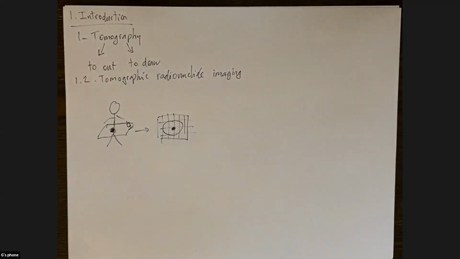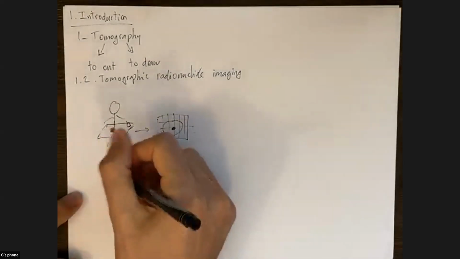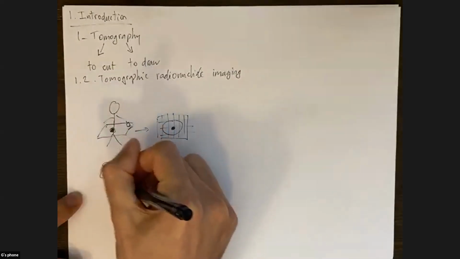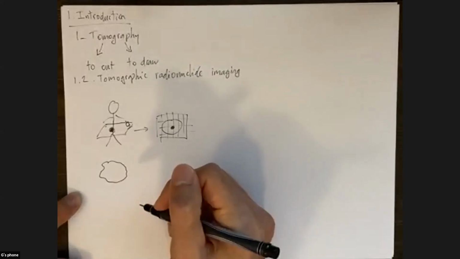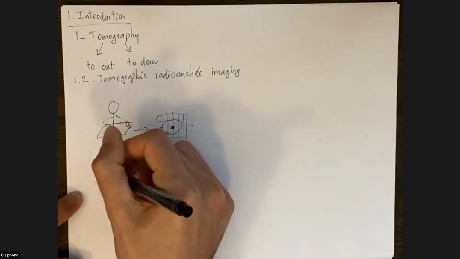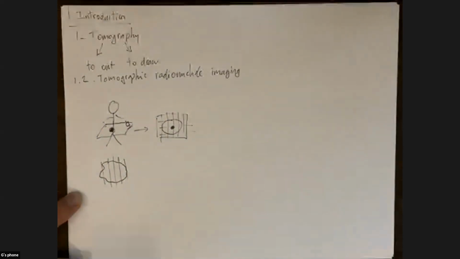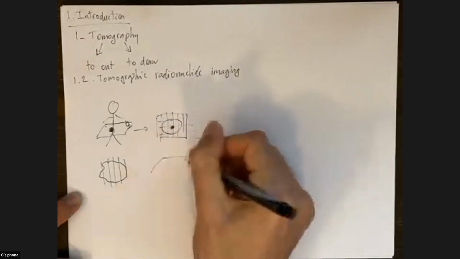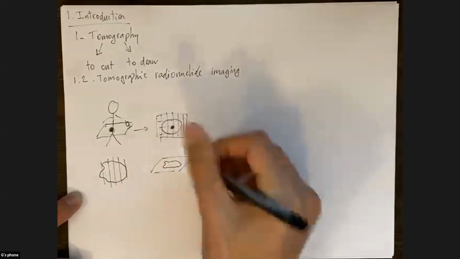So before tomographic imaging existed, there was a simpler method. The idea was to take a biological specimen. Let's say this was a tumor that was taken out of a patient or an animal, and the tumor has been labeled with a radiotracer. The idea was to cut the tumor with a very thin razor blade, and then put the thin tumor sections onto a piece of film.